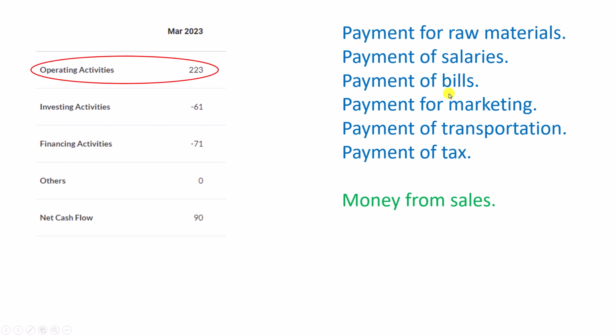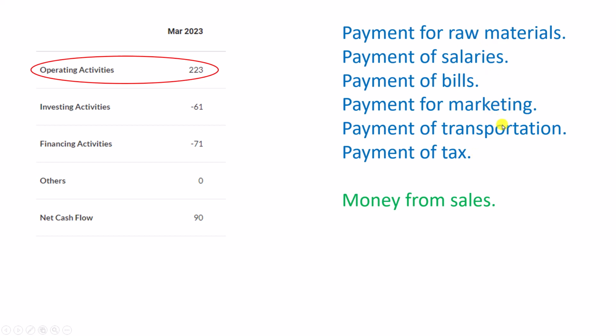Then electricity bill, water bill, cleaning bill, garbage disposal bill and other bills have to be paid. Marketing is required, for which money has to be paid. Transportation of tractors is required, for which money has to be paid. And tax to the government should be paid. So all these should be paid by the company.